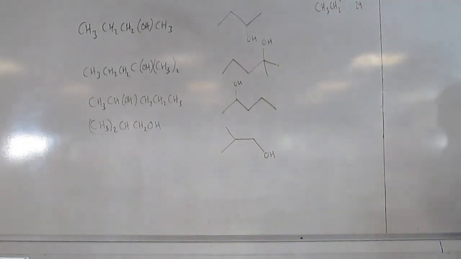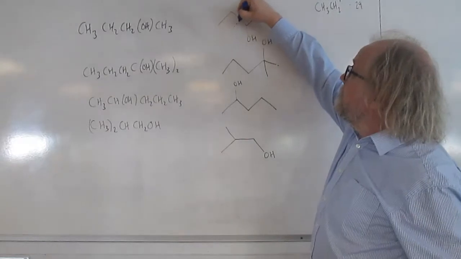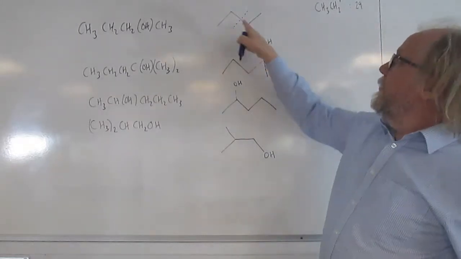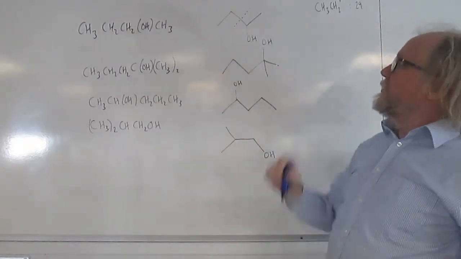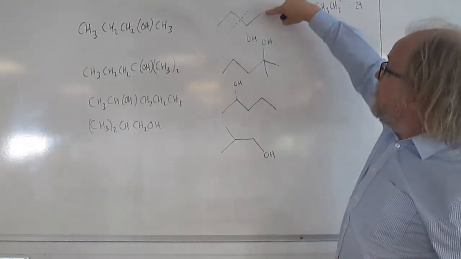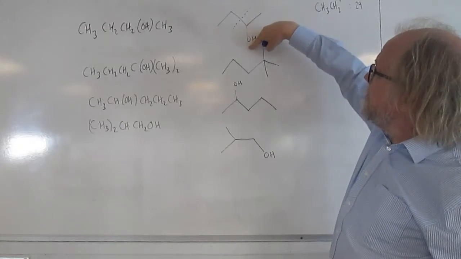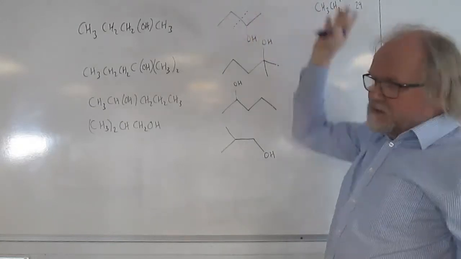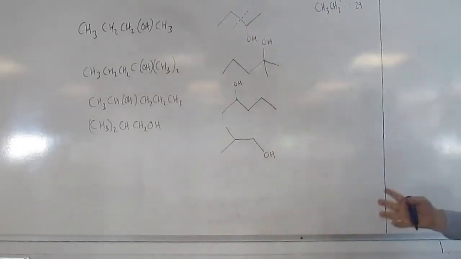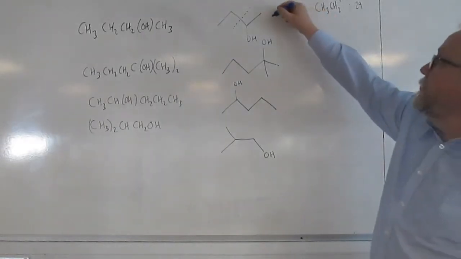So things like that are quite helpful, because you immediately know, for example, that if this one breaks here, that end is going to be 29, so that's not going to give you a 31 peak. You can also see that this one is going to have 2 carbons and an oxygen, so that's going to be too big. You can't get it from that one, so that's no good.